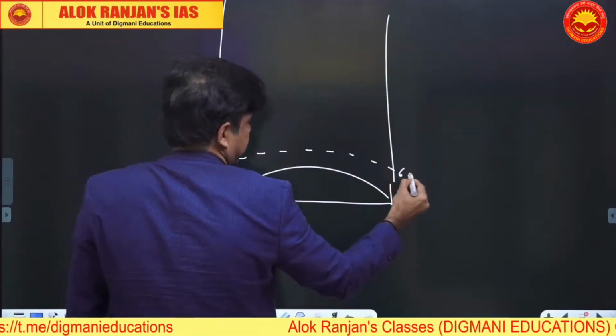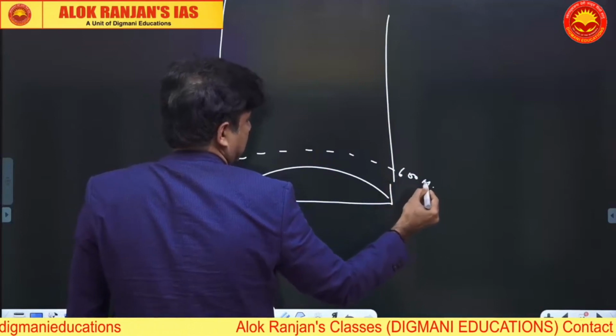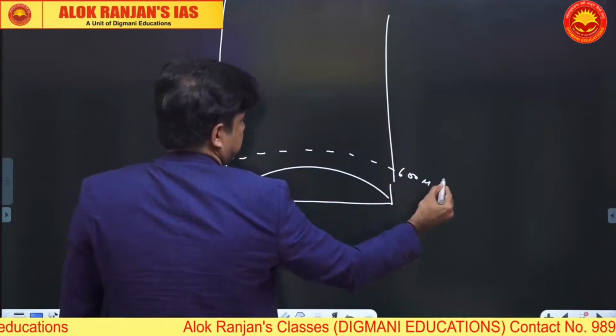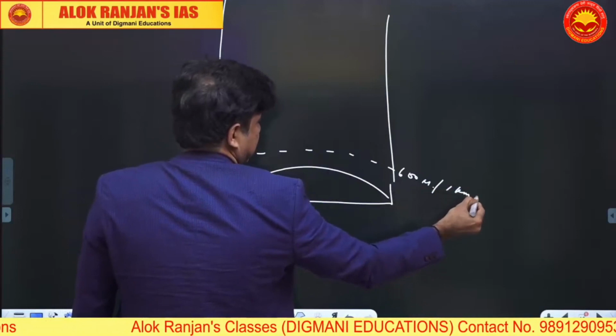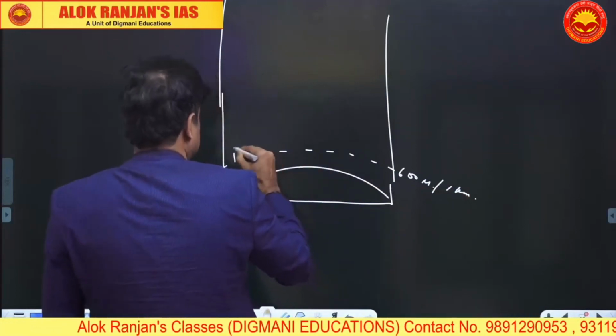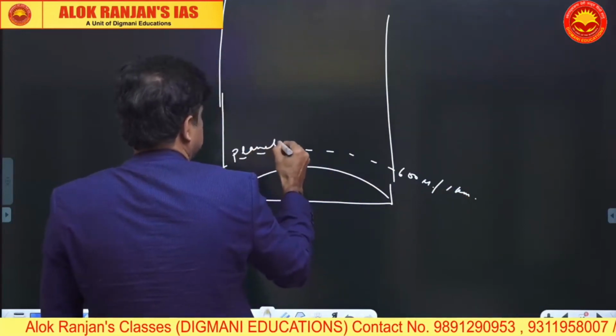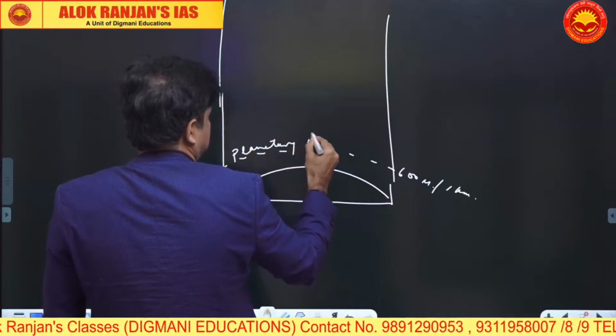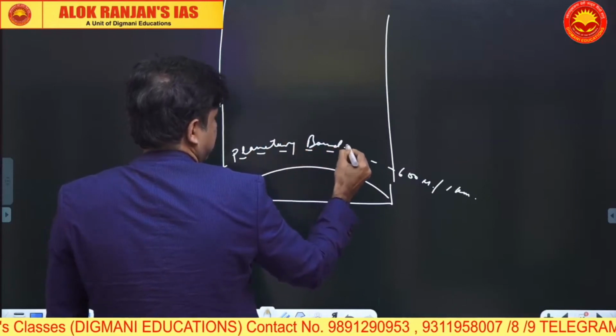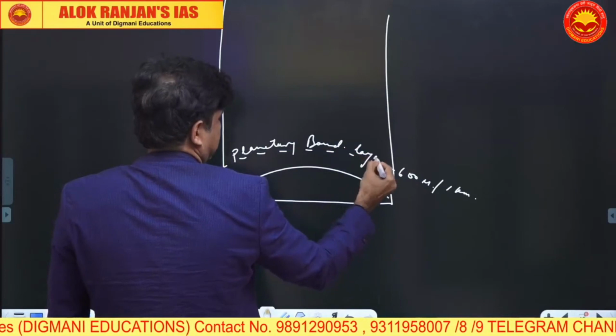This is 600 meters, or sometimes it is taken as 1 kilometer. This is called the planetary boundary layer.